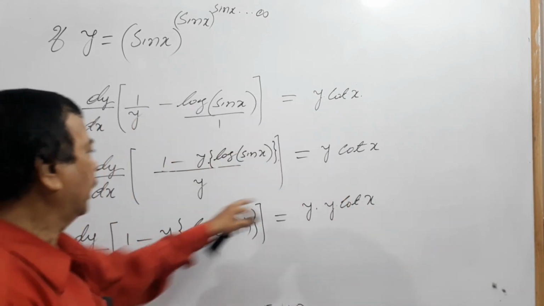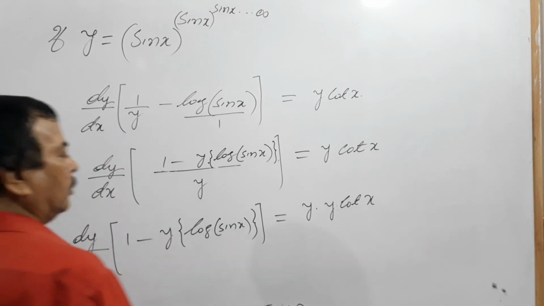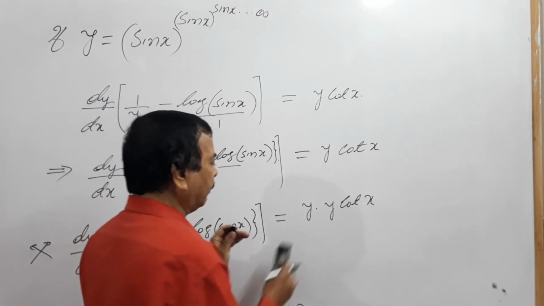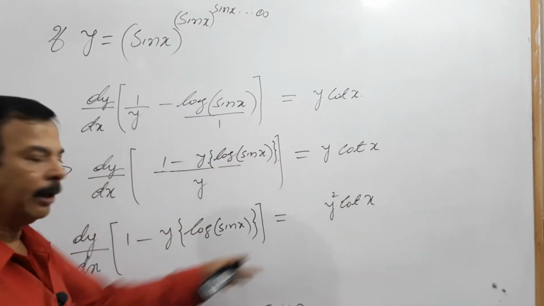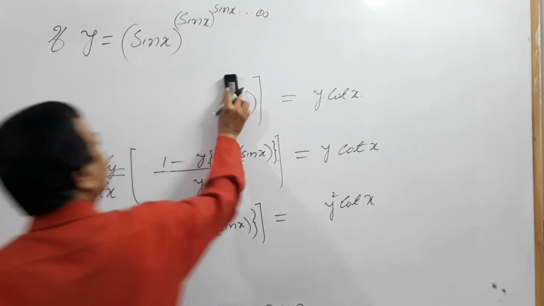So this y has gone by cross multiplying. So this becomes y into y, which is y square. I'll rub this, I'll write y square, because let me not repeat the same thing.